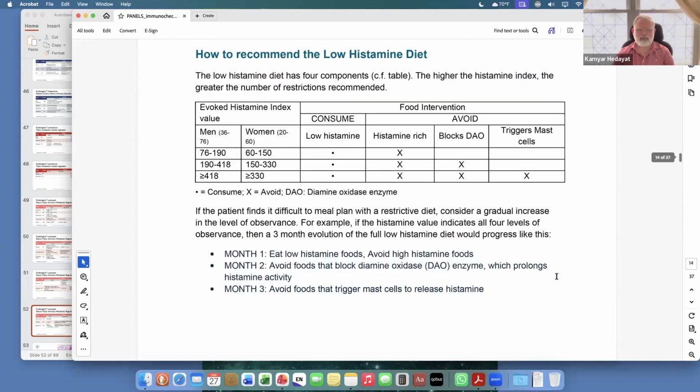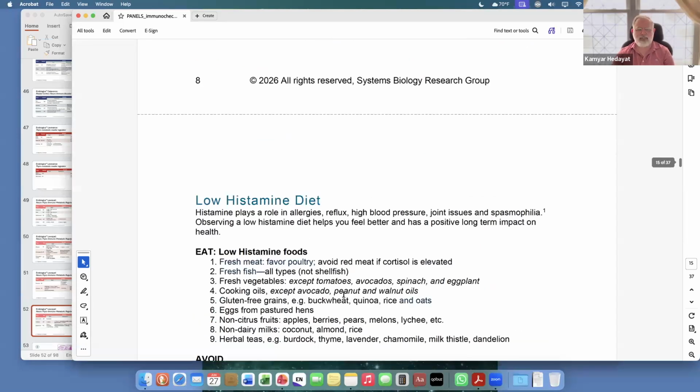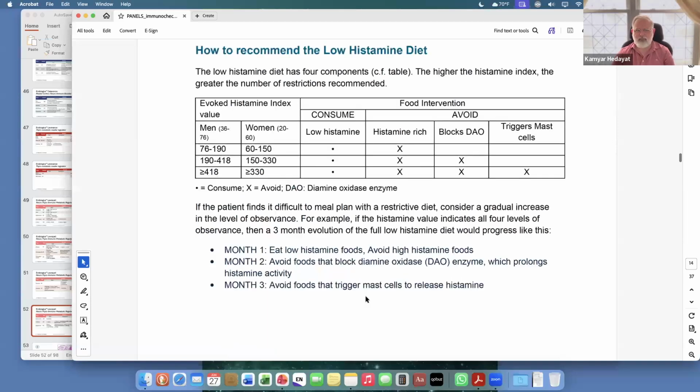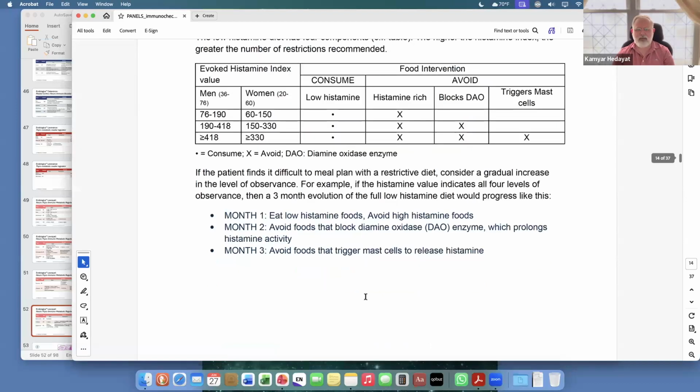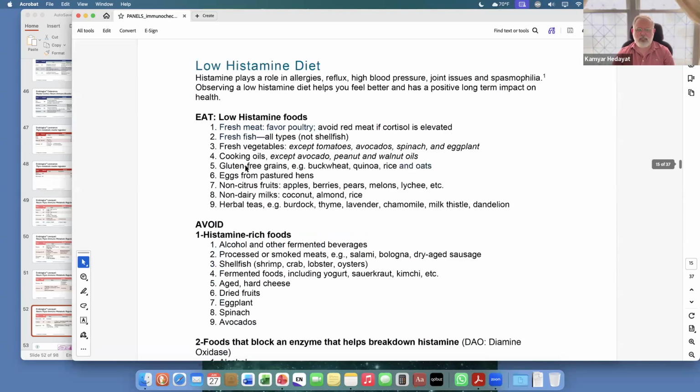There's also a guide on how you can encourage your patient month by month to avoid a new category of foods. And then here's a handy reminder of what these foods are for each part of the diet. There's also an expanded list of other types of preservatives which can trigger histamine release.